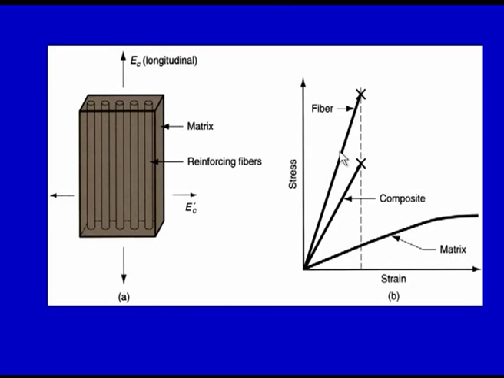So it can be very easily understood that when we are combining two different macro constituents together to make a composite material, the properties of the composite would be dictated by the properties of the two macro constituents, and sometimes it is also possible to attain those properties which are not possible with the individual constituents alone.